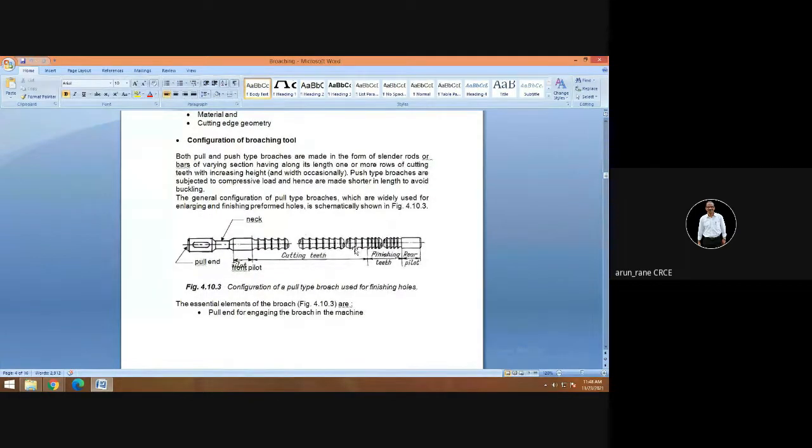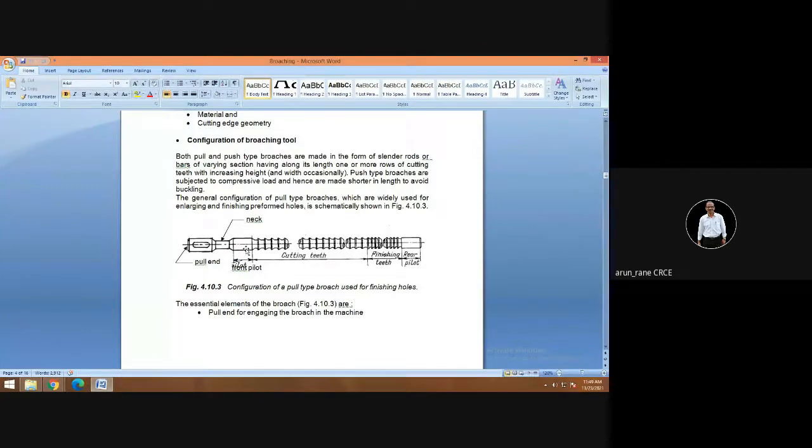A typical broach will consist of so many parts. Like you have a pilot here, and at the two sides, at the pull end you have a pilot which is called the front pilot, and then at the rear side it is called the rear pilot. So this front pilot will correspond to the size of the drilled hole.